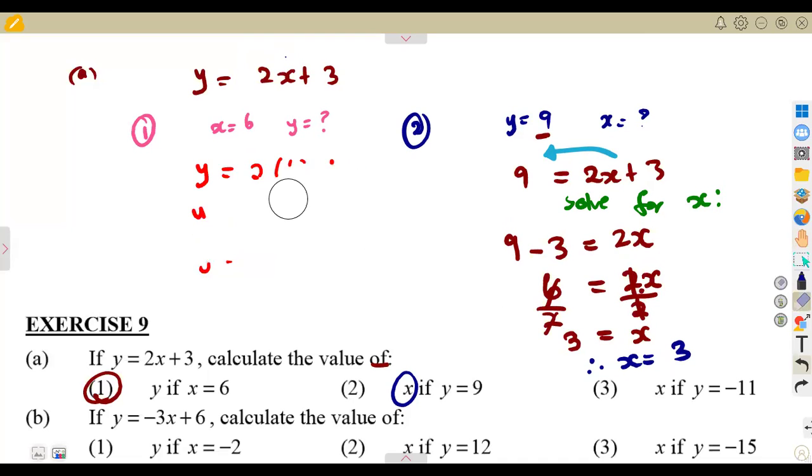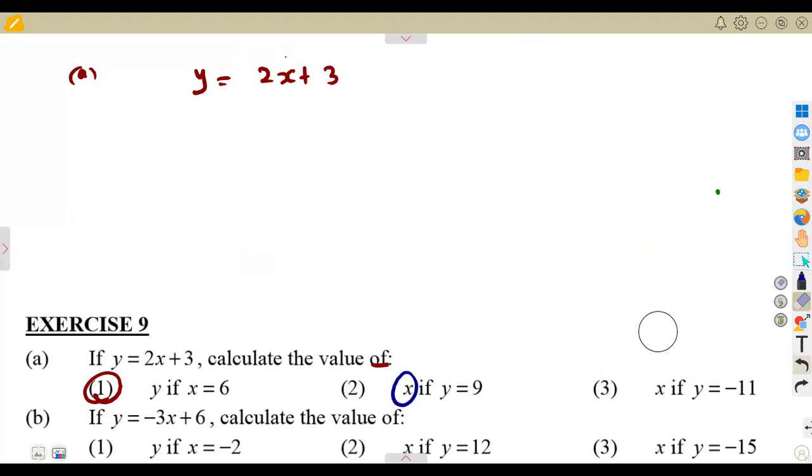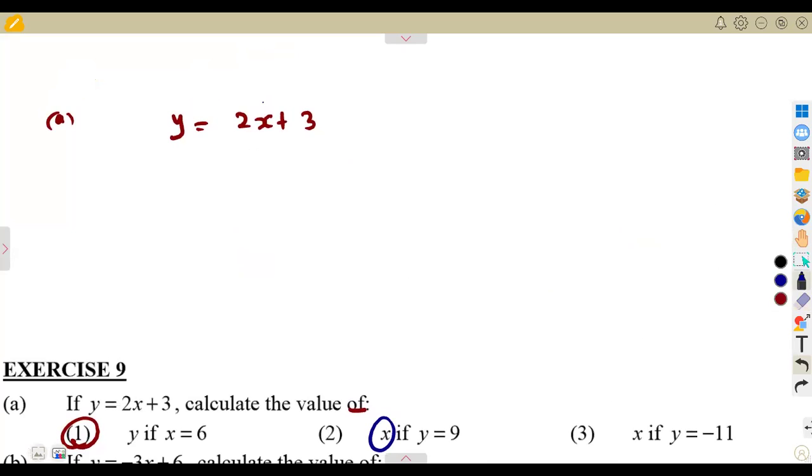You'll be given a certain value. So it's like you're just back to your normal equations, but they are going to be giving y is equal to this or x is equal to this. Even on number 3, on the same equation, we are given to calculate the value of x if y is equal to minus 11. So what are we given there? It is the y value.